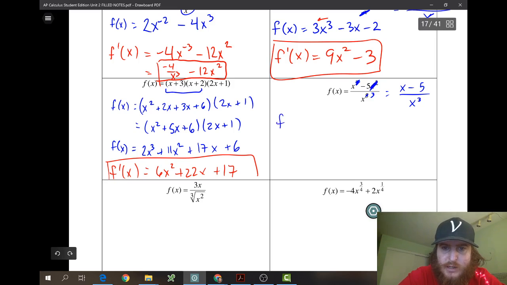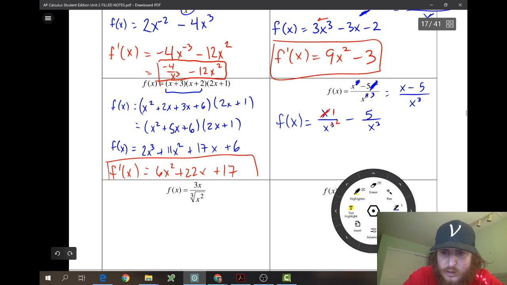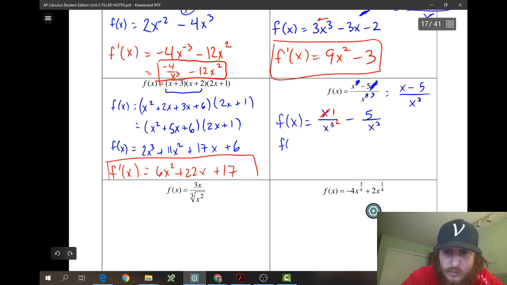So we can rewrite this as f of x equals x divided by x cubed minus 5 divided by x cubed. And here we can cancel out one more x. So I'm going to put a 1 here, make this squared. So we get f of x still equals 1 over x squared minus 5 over x cubed.